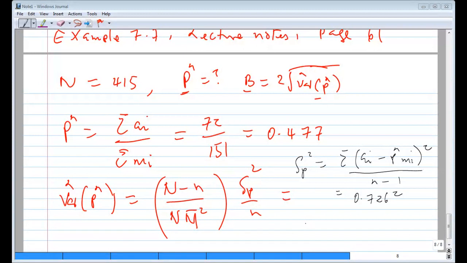What about our M bar? It's not given, isn't it? You have to estimate it. So it's going to be the summation of m_i over n.